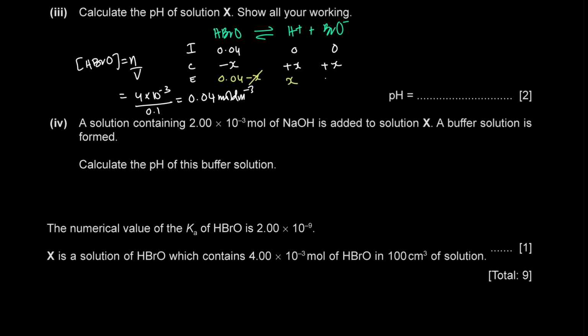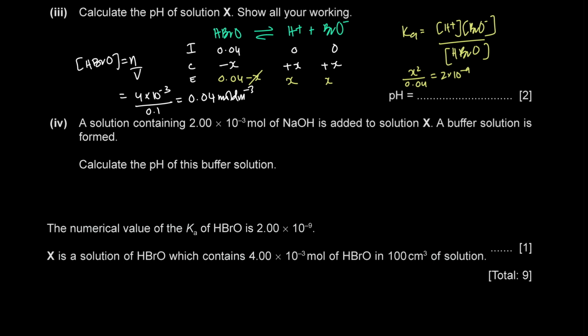Ka is equal to [H⁺][BrO⁻] divided by [HBrO], which is x² divided by 0.04, equal to 2 × 10^-9.